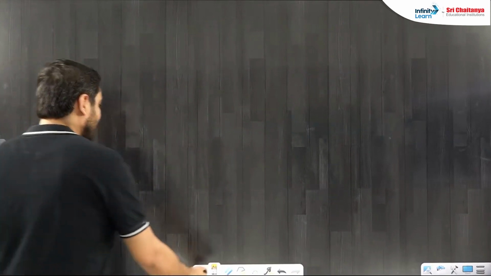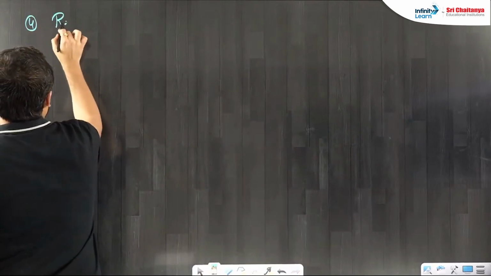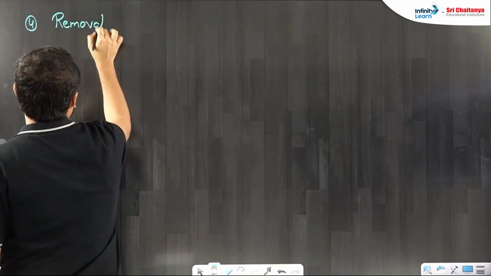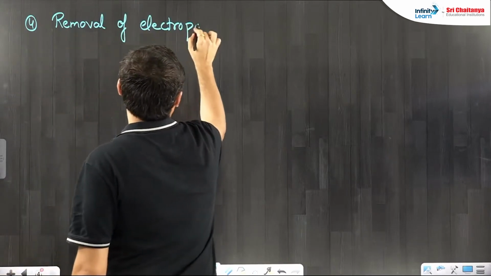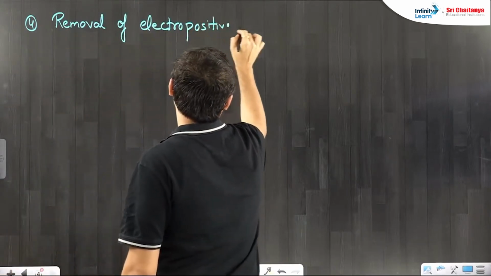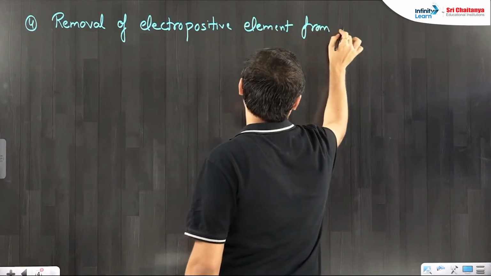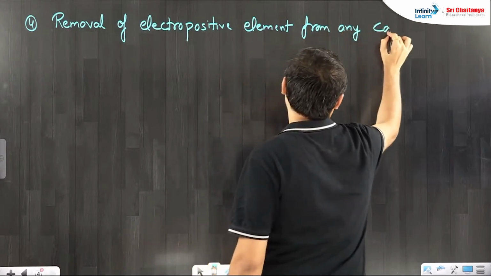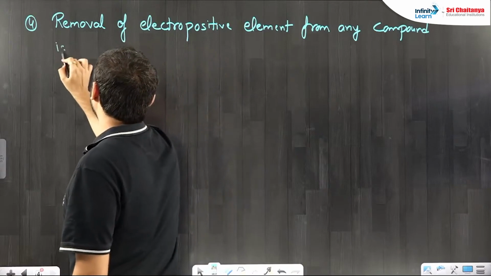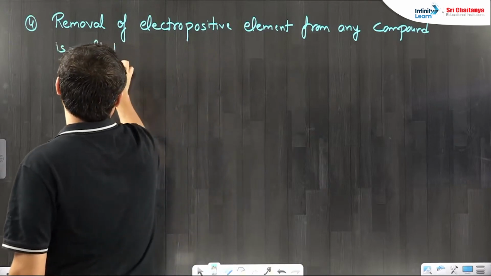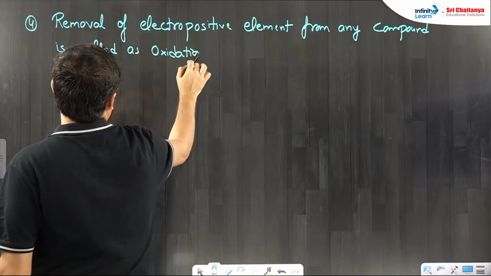Now the 4th point is removal of electropositive element from any compound is called oxidation.